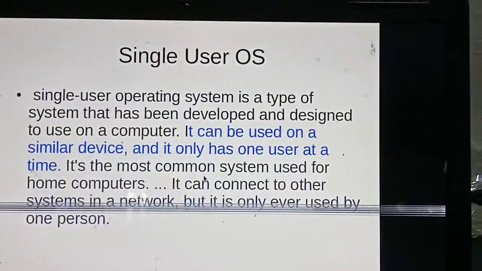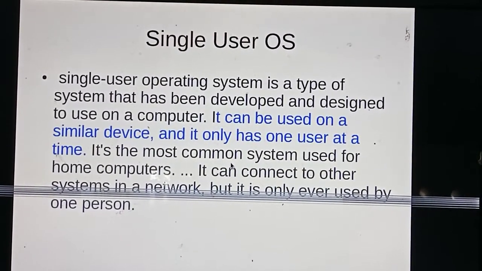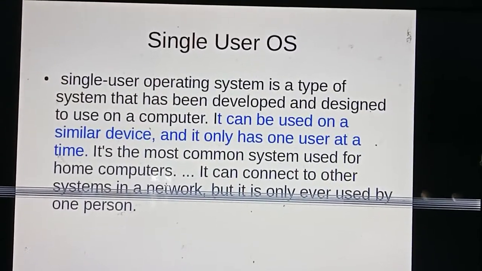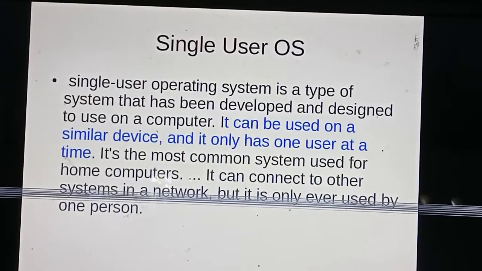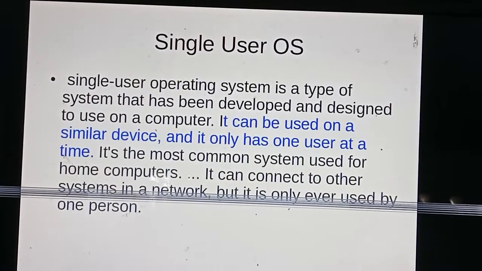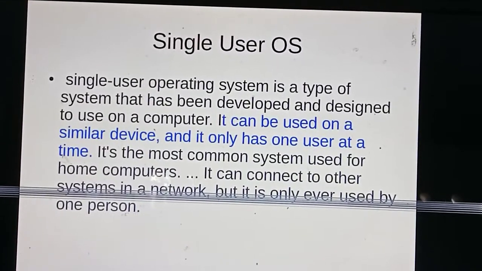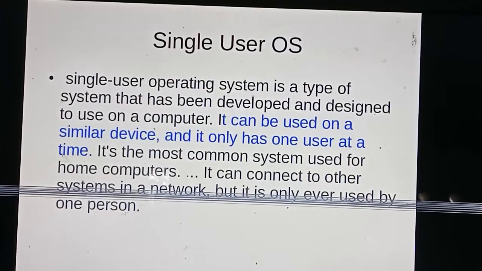Single user operating system. From the words single user, it means that only one user can use this computer at a time. Multiple users cannot use the computer at the same time. It is not possible.